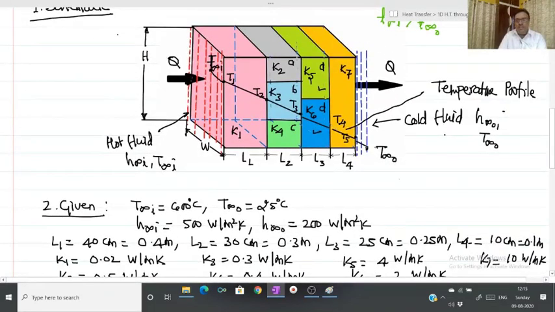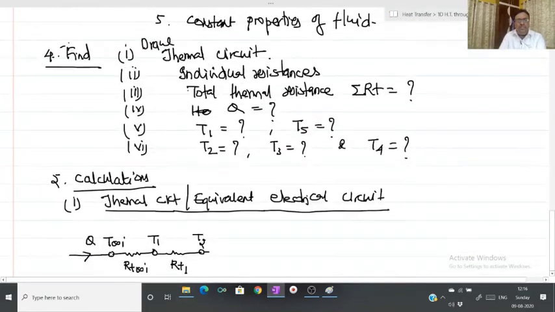Now, in case of the second slab, which is made up of three different materials, each of the slabs will offer thermal resistance to the path of the heat flow. So there will be three different thermal resistances, and their effect will be counted by considering them arranged in parallel. So between temperatures T2 and T3, the slab is made up of three different materials.